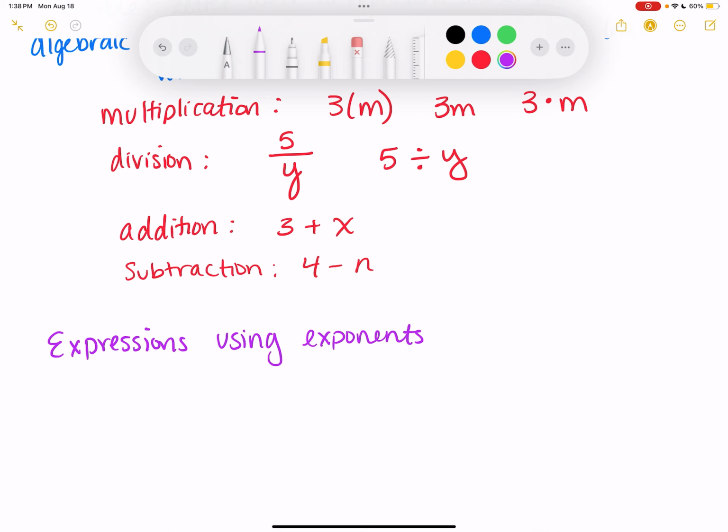So if I had 4 to the 3rd power, like that, this whole piece here is called a power. The number 4 is the base, and then the little 3 up here is the exponent.